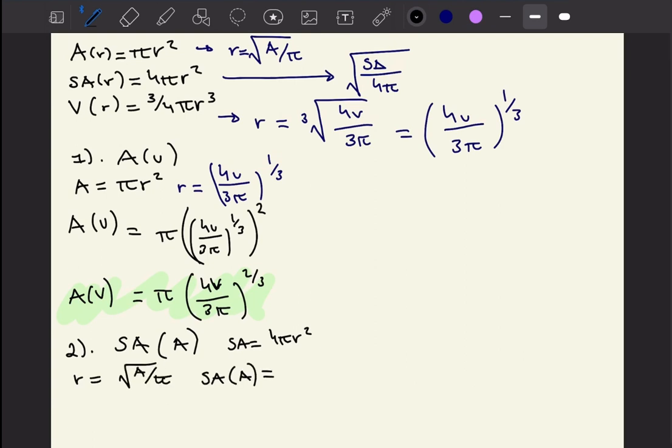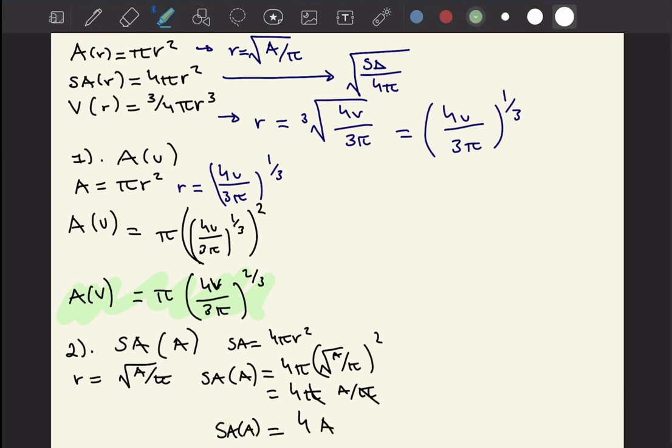We plug that in and we have 4 pi times square root of a over pi, all squared. That simplifies to 4 pi times a over pi. The pi's cancel out and you just have 4a. So the surface area in terms of the cross-sectional area is just 4a, right? And that's for this one.